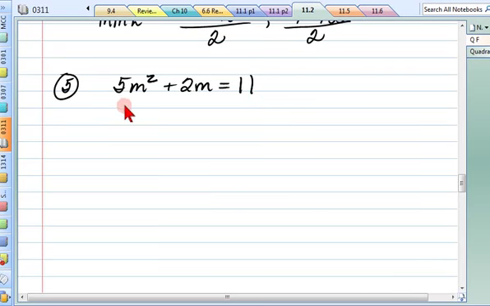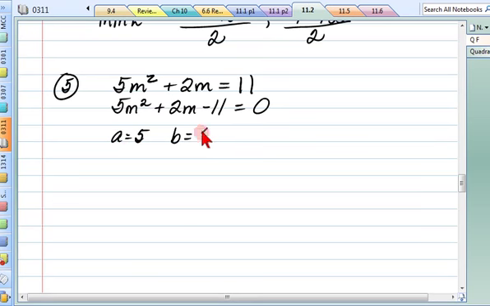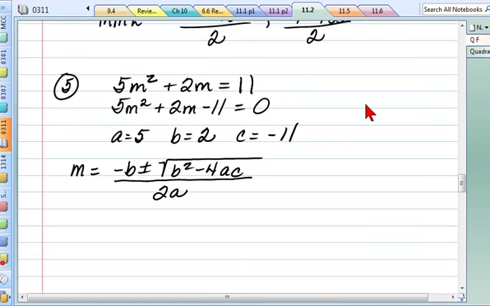No. I would have to bring the 11 back over on this side, so I have 5m squared plus 2m minus 11 is 0. A is 5, B is 2, and C is negative 11. Okay, why don't I be real quiet and let you solve this one. We will talk about it because I think we'll have to simplify the radical, but we're going to pause for a minute. I have gone ahead and put in the quadratic formula.